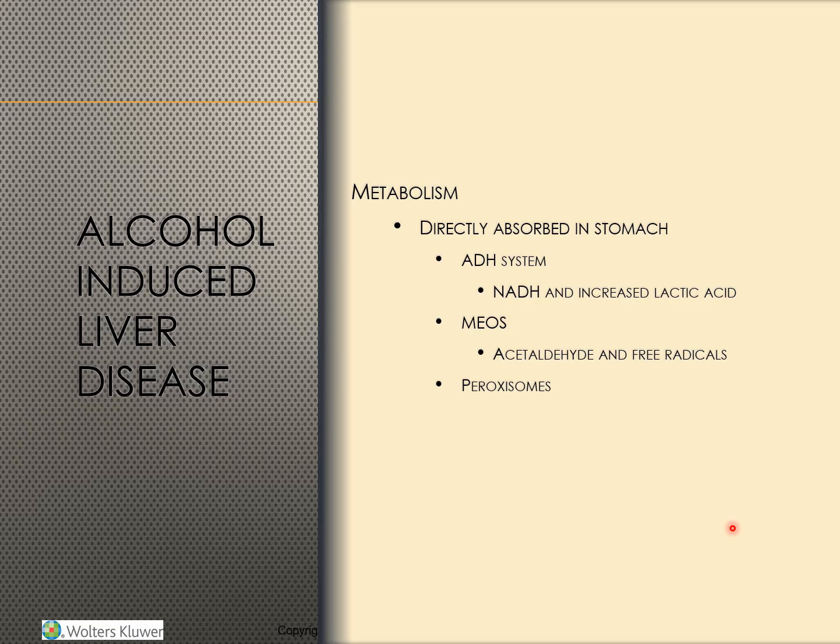So in alcohol-induced liver disease, we see this occur because of the metabolism of alcohol itself in the liver. So through those metabolic reactions, that's largely what's causing the liver failure to occur. During ethanol or alcohol metabolism, this generates an excess of something called NADH, which is thought to contribute to the liver damage that often accompanies excess alcohol consumption.